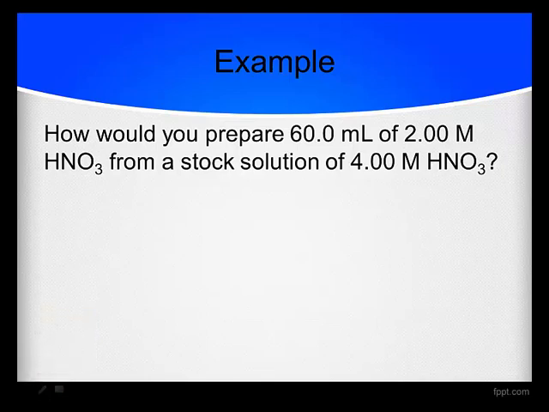Basically, though, notice you're given 3 pieces of information. You're given a volume and a molarity, and you're given another molarity. It's your job to figure out which ones go together and which one is separate from the others. Molarity of the concentrate times the volume of the concentrate should be equal to the molarity of the dilution times the volume of the dilution.